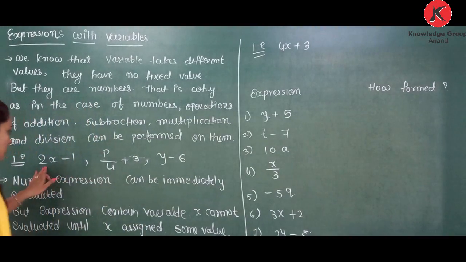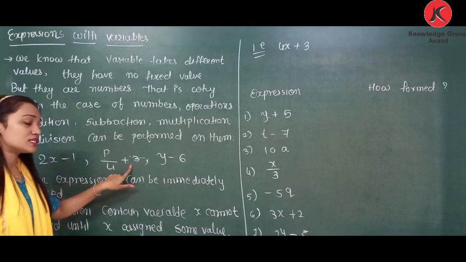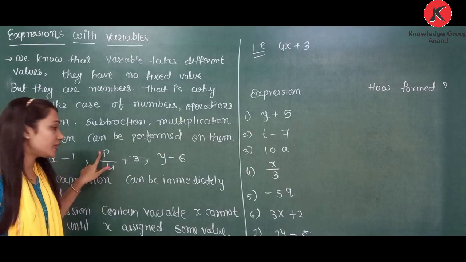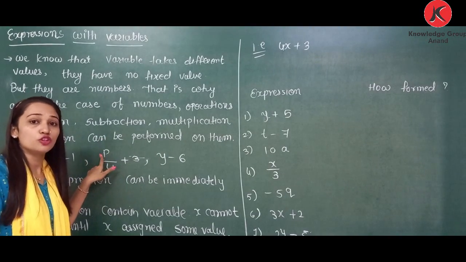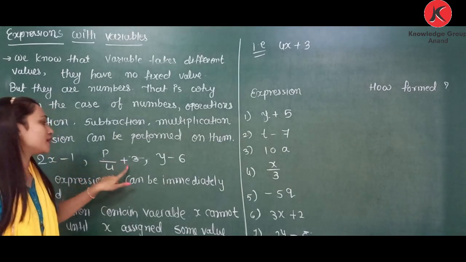It looks like this: 2x minus 1. You can see here x is a variable. But if we write the value of x as 1, then 2 and x are in a multiplication, so 2 multiply 1 minus 1. That gives a numerical value. Same with p by 4 plus 3. Here p is a variable, but p takes a numerical value, so p divided by 4 plus 3.